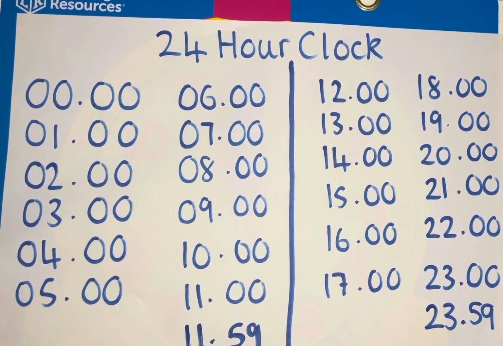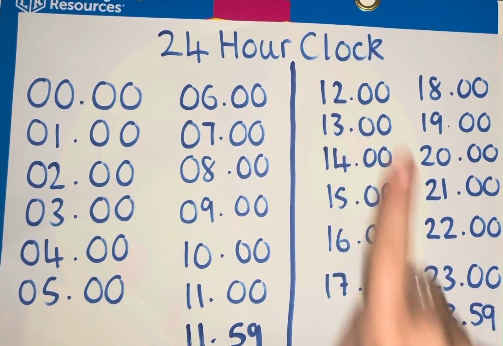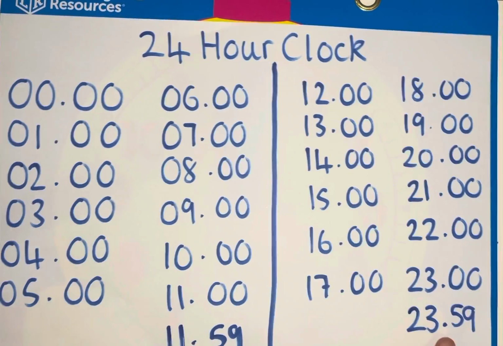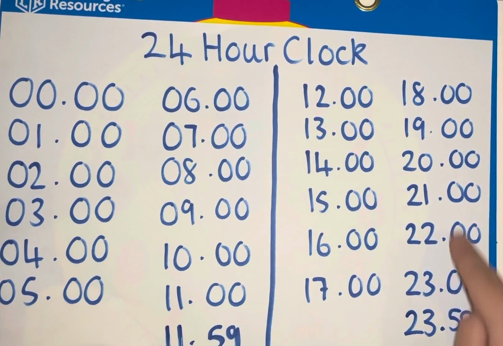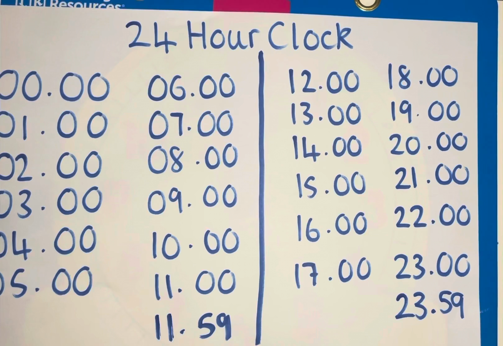And then if we add on 1 extra minute to 11:59, it becomes the afternoon, and we move over here to 12 o'clock in the afternoon. Now, can we notice anything different about these afternoon times and how we write them, which is different on a 24-hour clock to a 12-hour clock?